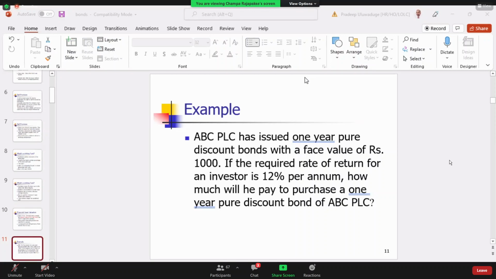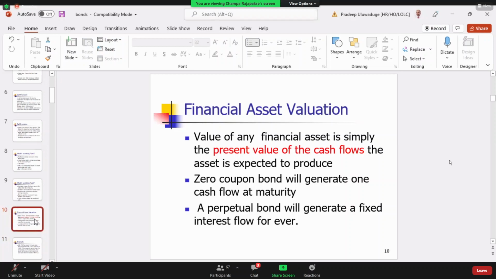So let us apply the general rule of valuation. This is the principle that we use in valuing any financial asset. The rule is that the value of any financial asset is simply the present value of the cash flows the asset is expected to produce.